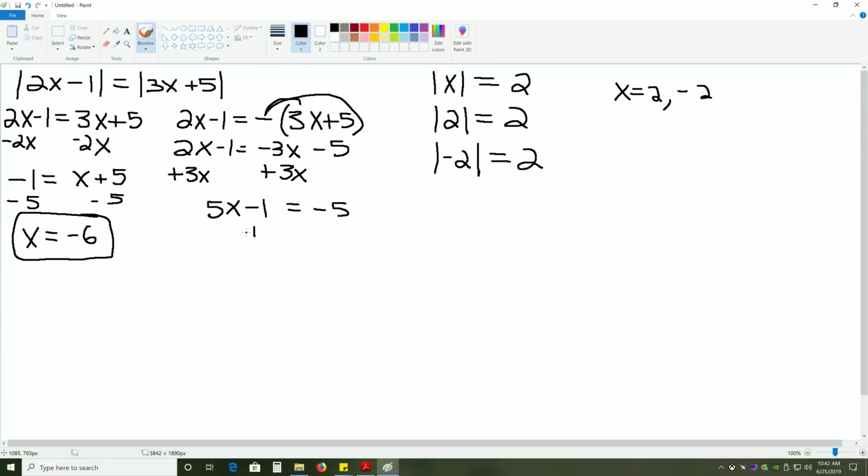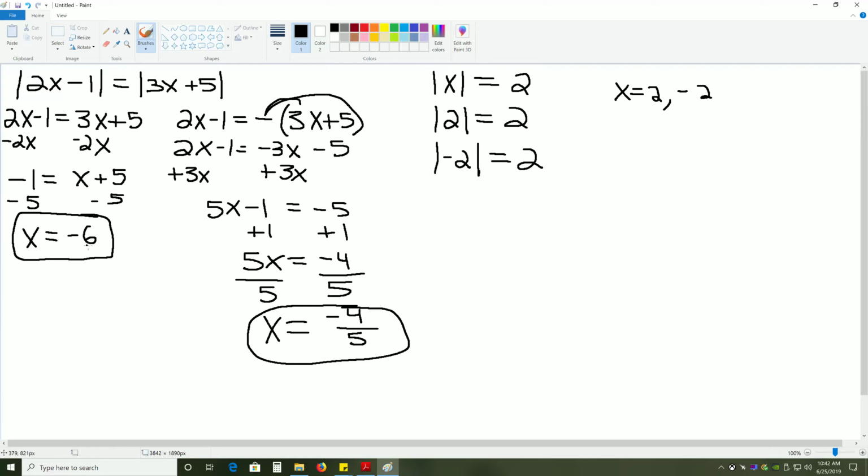We will then add 1 to each side to get our 5x alone, giving us 5x equals negative 4. And finally, dividing each side by 5 gives us x equals negative 4/5.